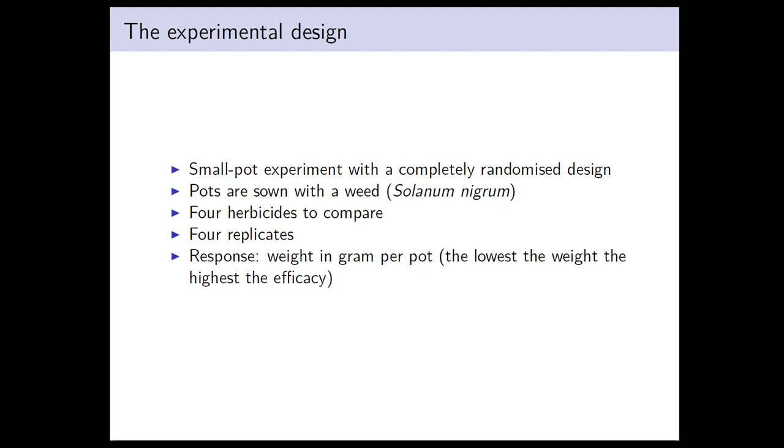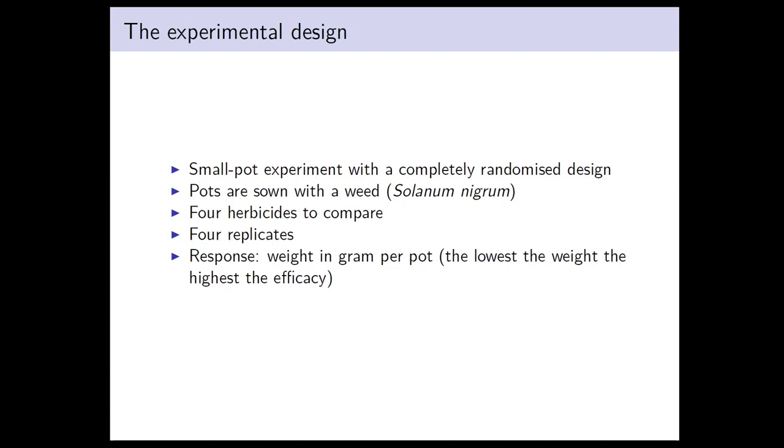We sprayed at random, and we harvested the biomass in each pot and weighed it. So the response is the weight in grams per pot. So we have 16 values of weight in grams per pot. Of course, the lower the weight, the higher the efficacy.